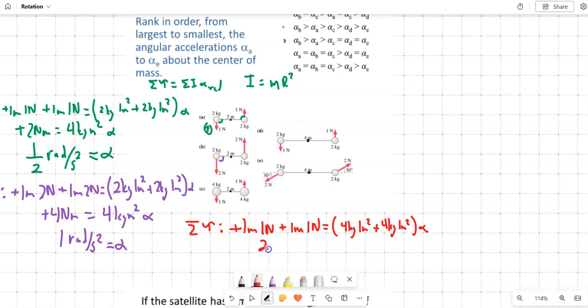That's going to be 2 Newton meters on the left-hand side. On the right-hand side, that's going to be 8 kilogram meters squared times alpha. Then dividing both sides by 8, that's going to give us 1/4 a radian per second squared. And that is the alpha of part C.